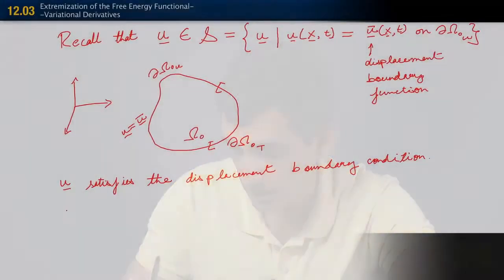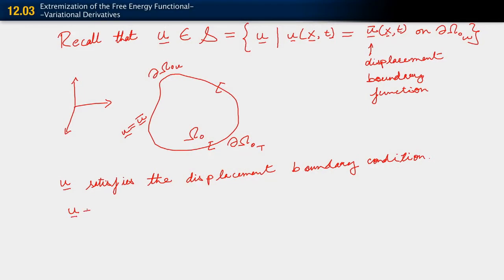Or alternately, U plus epsilon W also must satisfy U plus epsilon W equals U bar on the displacement boundary.